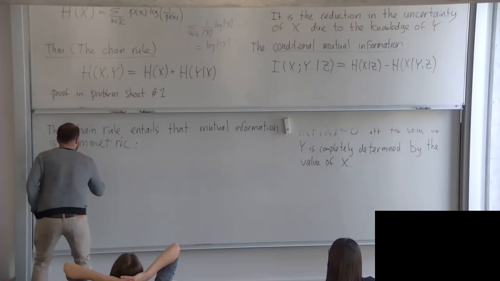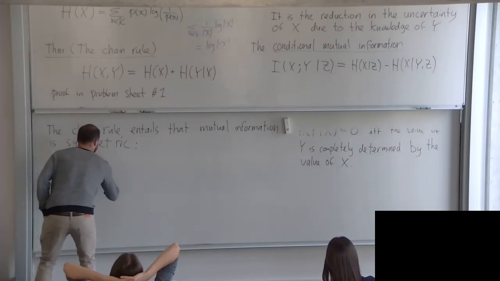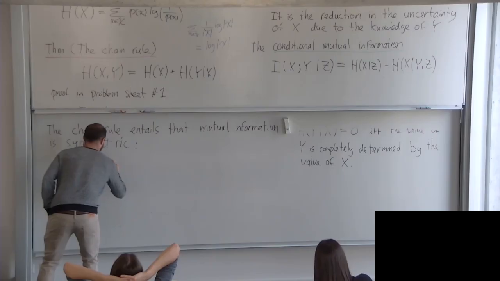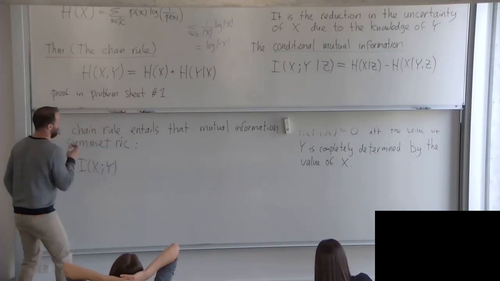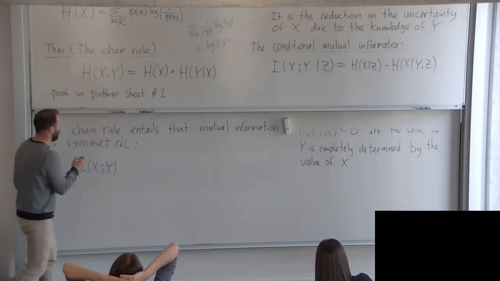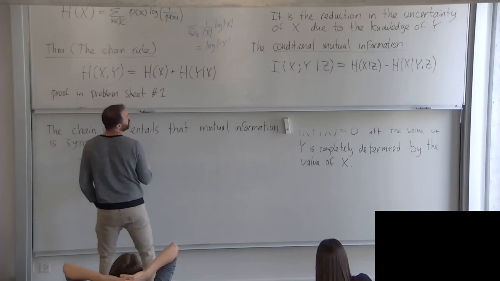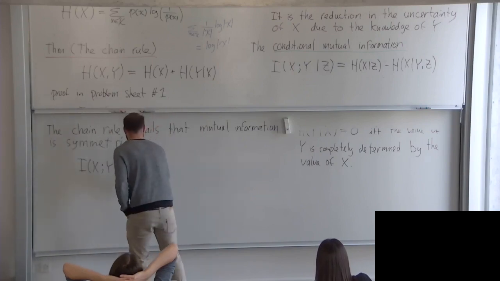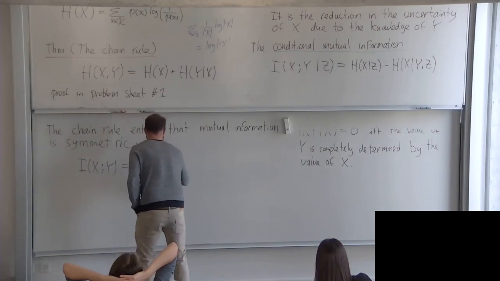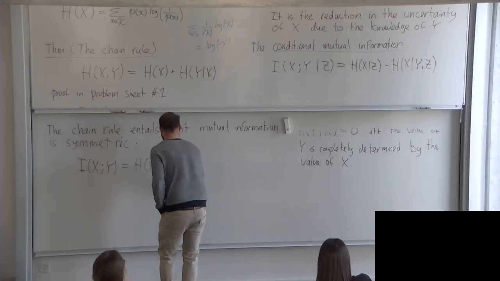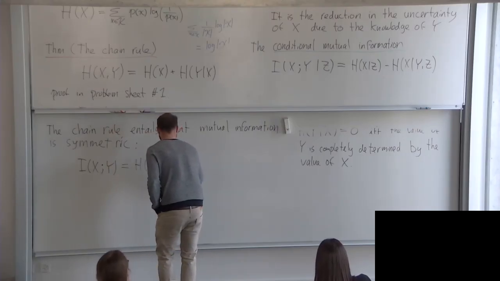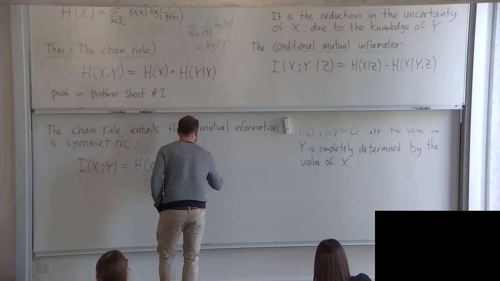Why? So I of x, y is equal to, now I'm using the definition, H of x minus H of x given y.